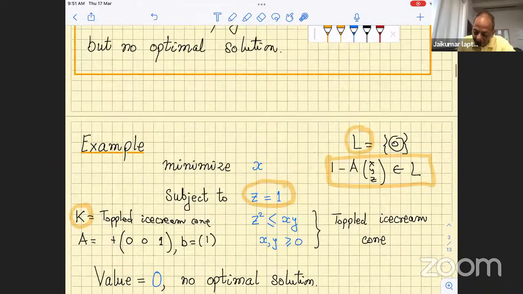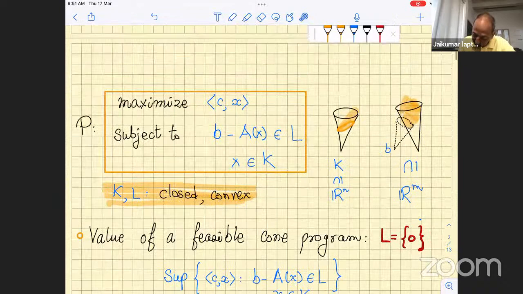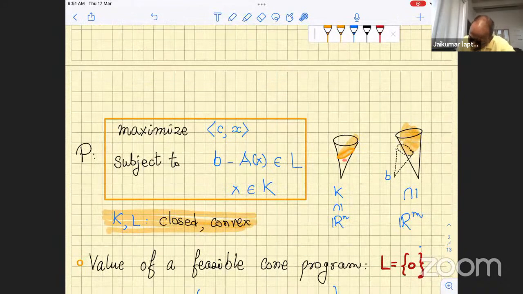The feasibility involves two things. You have to be in K, but your image under this has to be in L. So we are going to take a sequence of points which are in this cone, but they are not necessarily inside; they are approaching this cone and eventually get arbitrarily close to it.